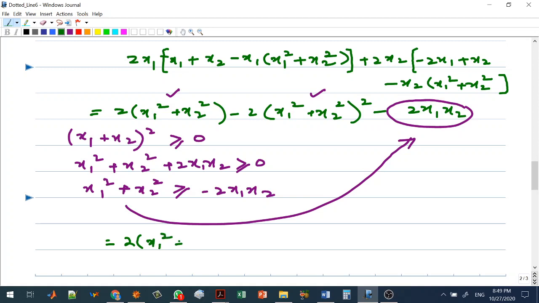2(x1 square plus x2 square) minus 2(x1 square plus x2 square) whole square.